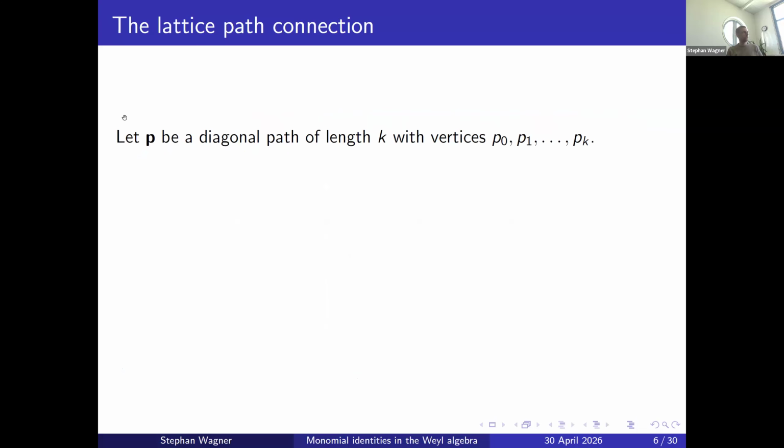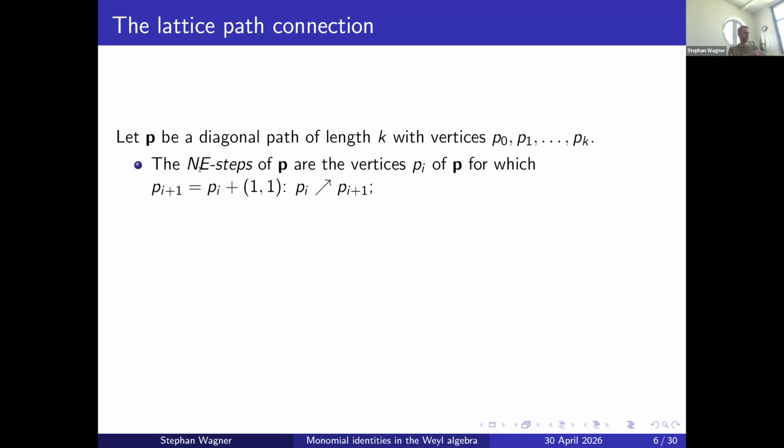I need a couple more definitions about these lattice paths. For such a path P, a diagonal path of length k with the vertices P0 up to Pk, the NE steps, northeast steps, are the steps that go up, and I identify the steps with the vertices where they start. So I say the vertex Pi, where it goes up, is an NE step.